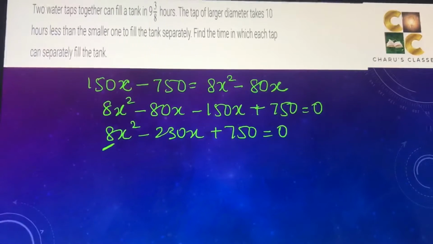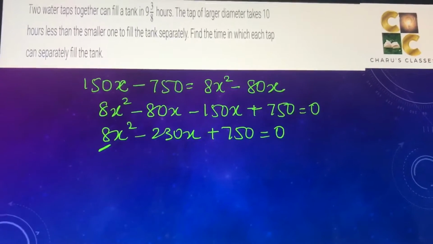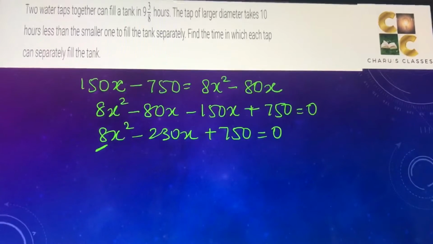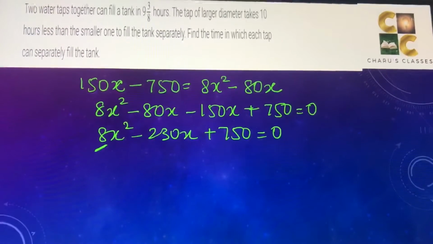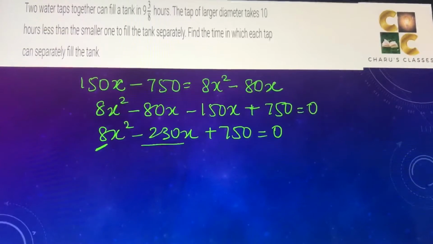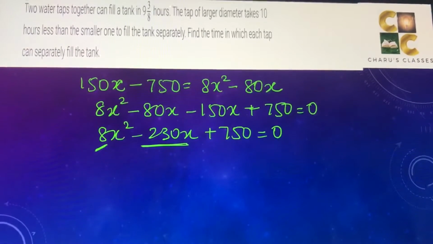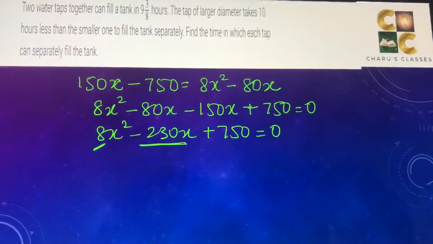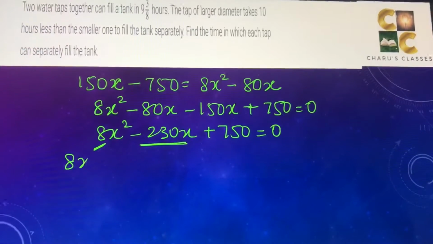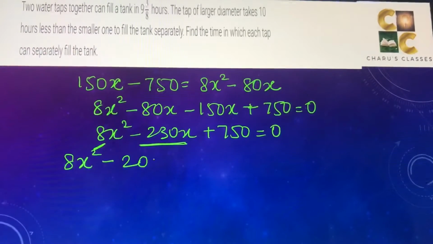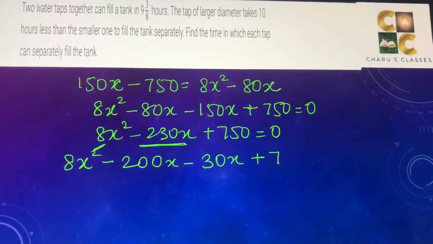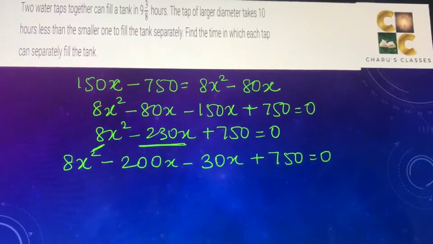Whenever the coefficient of x square is not 1, like in this case, we multiply this with the constant term. So 8 into 750, we have to make factors of 6000, which should split the middle term. So the factors of 6000, we can write minus 230 as minus 200x minus 30x. So 8x square minus 200x minus 30x plus 750 is equal to 0.